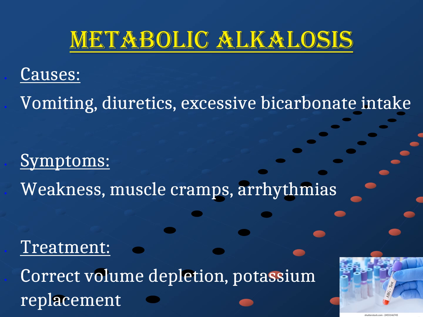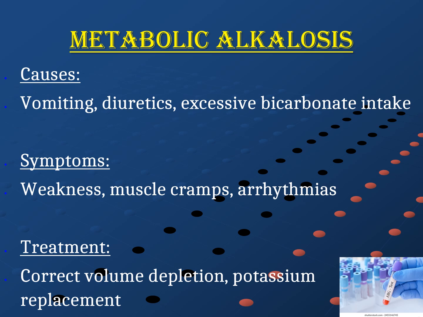Metabolic alkalosis. Causes: 1. Vomiting. 2. Diuretics, medications that increase urine production. 3. Excessive bicarbonate intake. Symptoms: 1. Weakness. 2. Muscle cramps. 3. Arrhythmias, abnormal heart rhythms. Treatment: 1.